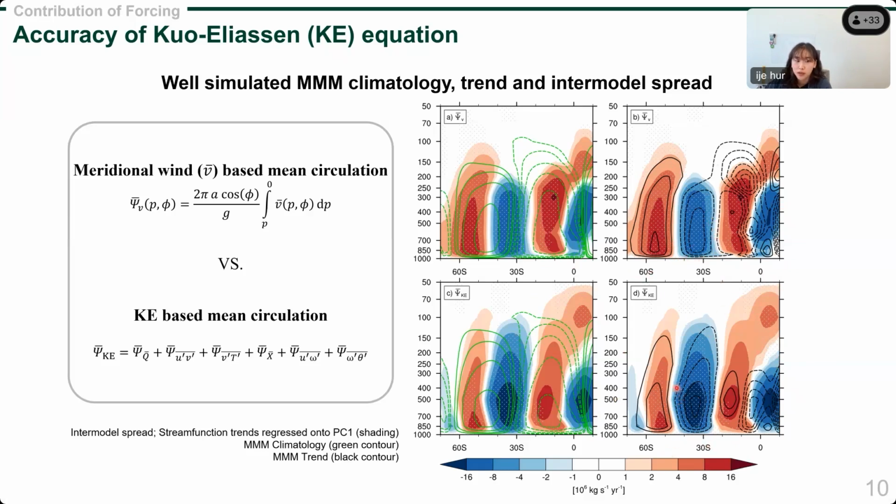And in the case of the intermodal spread pattern, which is shown in the shading field, it has a quite comparable positive-negative pattern.